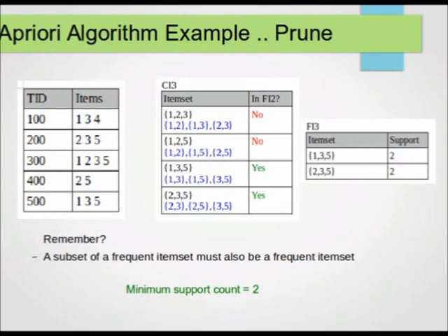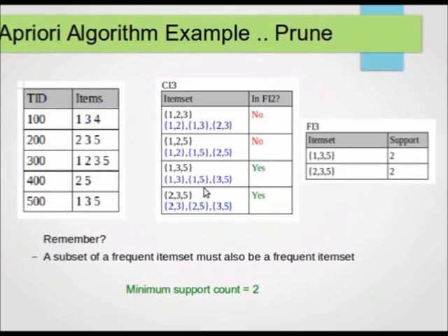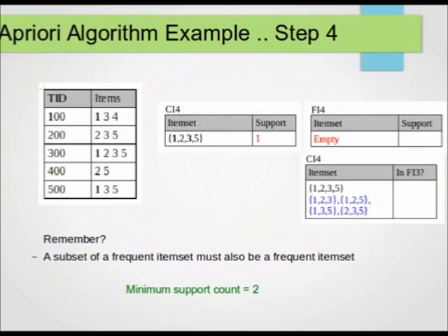But let's assume that the count was large enough, and then we move on to the pruning step, i.e. we break that down into smaller subsets of size k minus 1. So k here is 4, we need subsets of size k minus 1, so 3: 1, 2, 3, 1, 2, 5, 1, 3, 5, 2, 3, 5, and then we check these in the frequent item set from the previous step. Are they there or not?